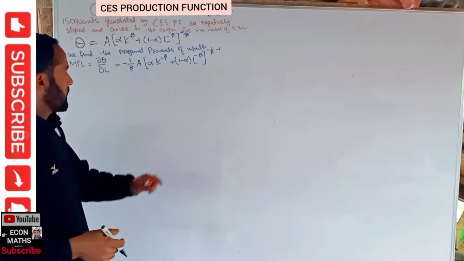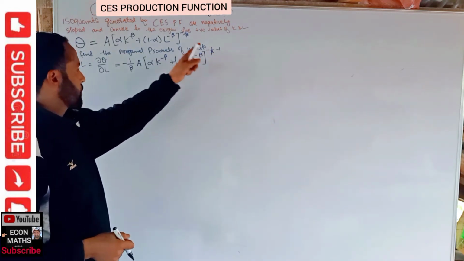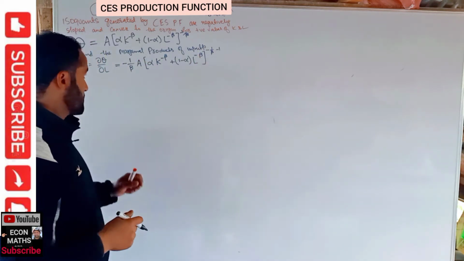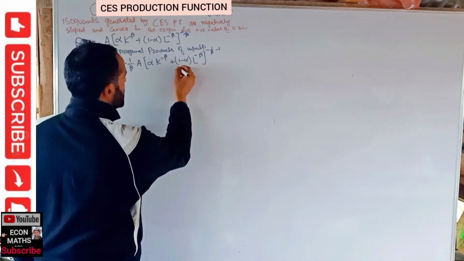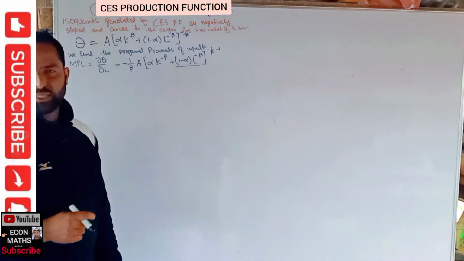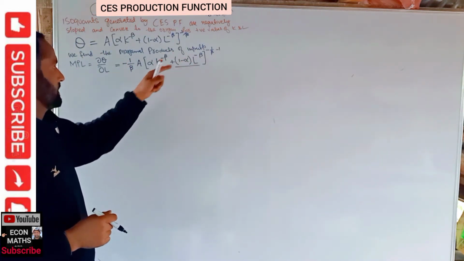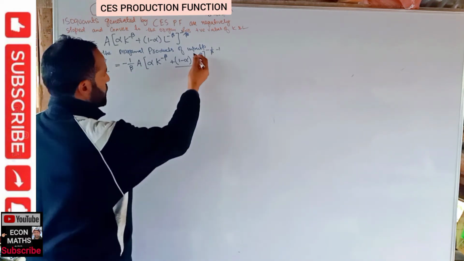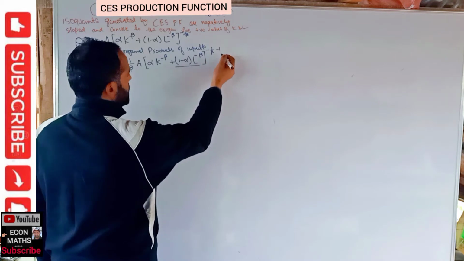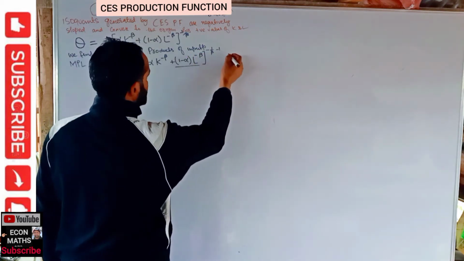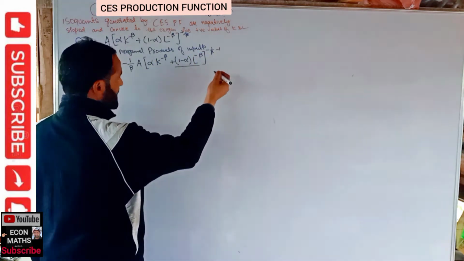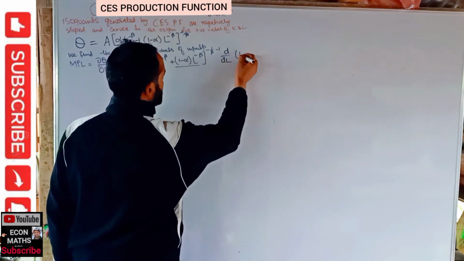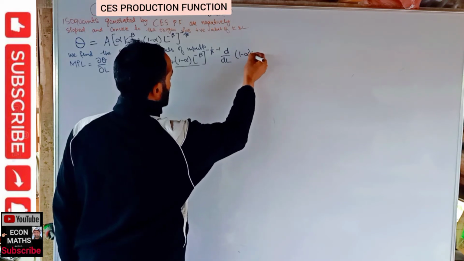When we differentiate, the exponent becomes the coefficient and is reduced by 1. Now we have to differentiate again with respect to labor, because we are using the generalized power function rule. So we have to differentiate this inner function, d by dL of 1 minus alpha L to the power minus beta.